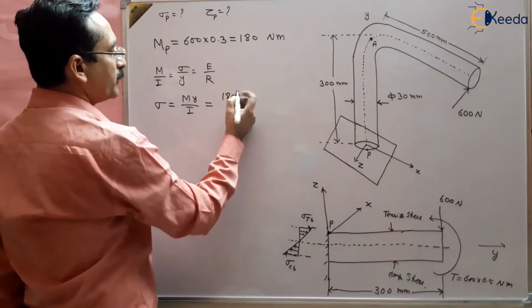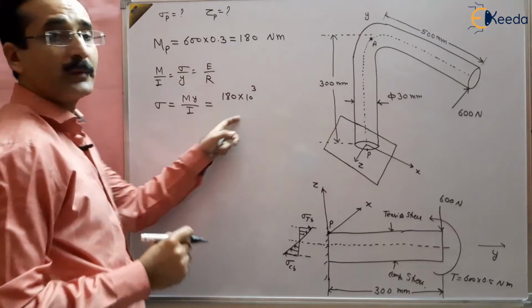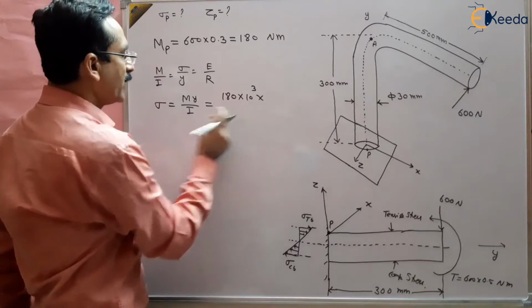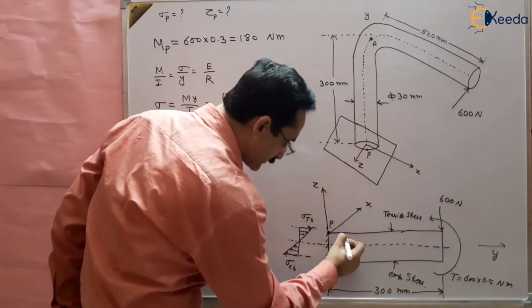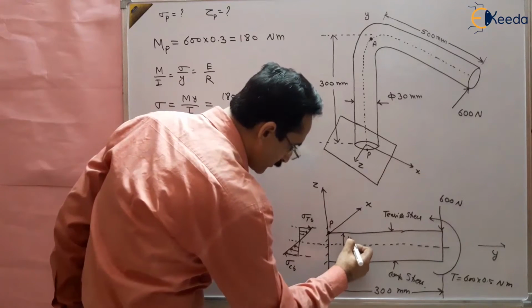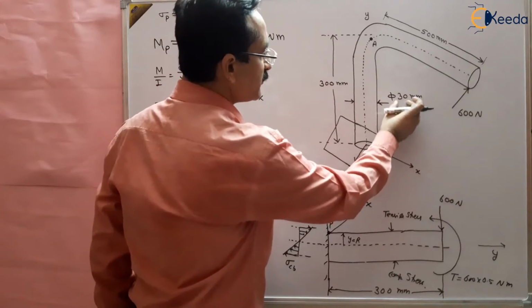If we want to find out in millimeter, then multiply by 10 to the power 3, so that the answer may come in megapascal. Y is the outer radius, that is this.